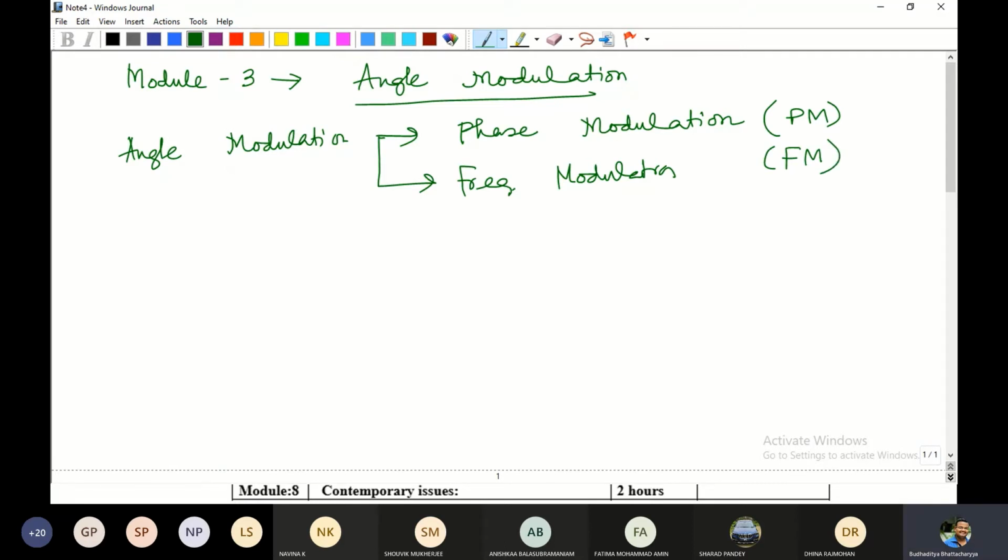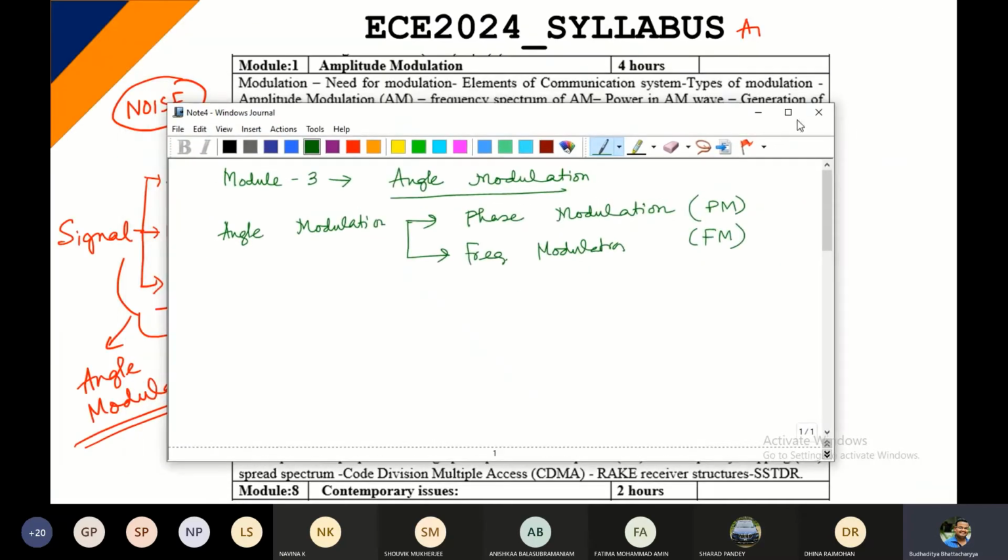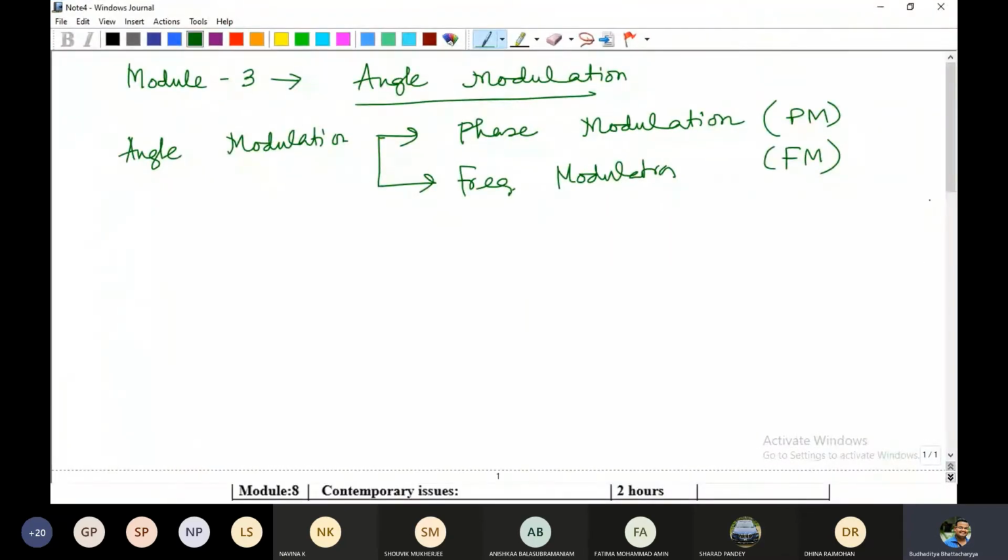I guess FM is almost known to every one of you. All of you must be having a mobile phone where you might be tuning in with your headphones and listening to different radio stations, like 98.3 Radio Mirchi or 93.5 Red FM and all those other stations. Those are FM radio stations.